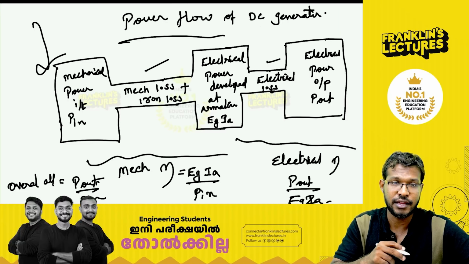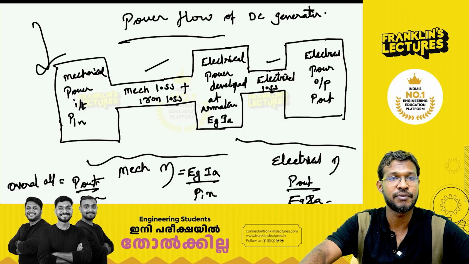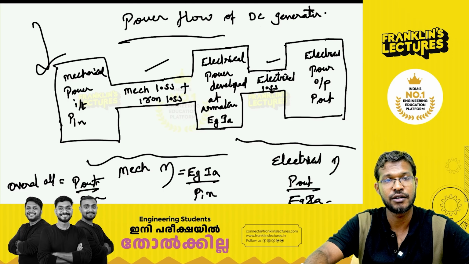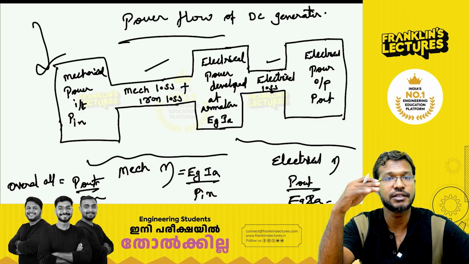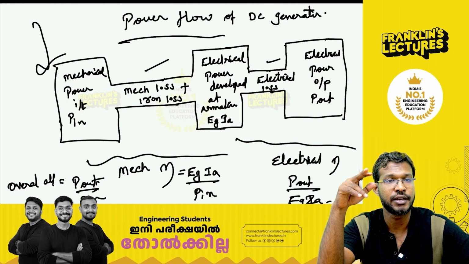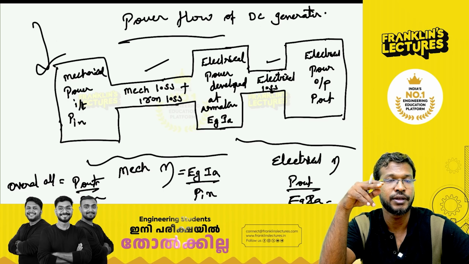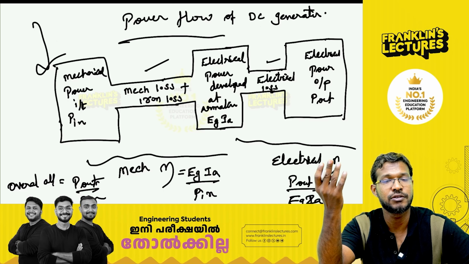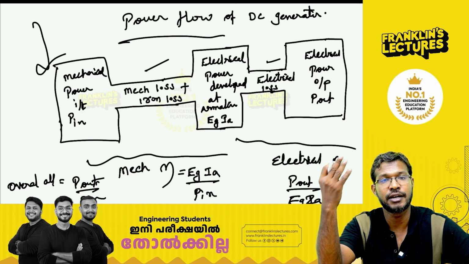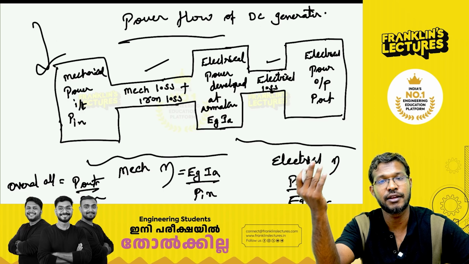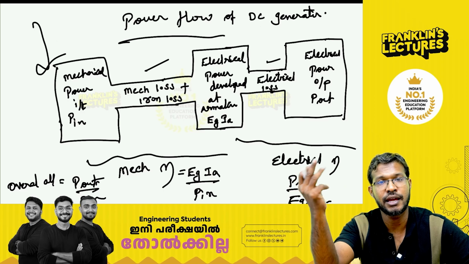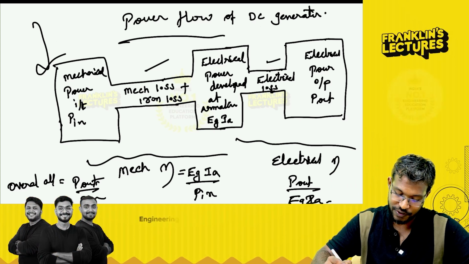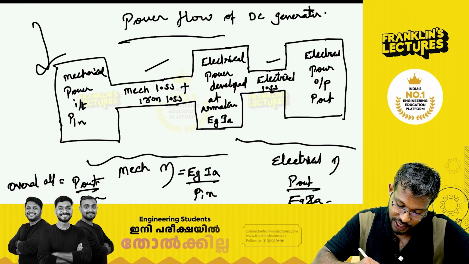In the power flow diagram of a DC generator, we have the mechanical input power P in, then mechanical loss and iron loss or magnetic loss, then the electrical power developed in the armature. After the electrical loss, we get the electrical output power P out.